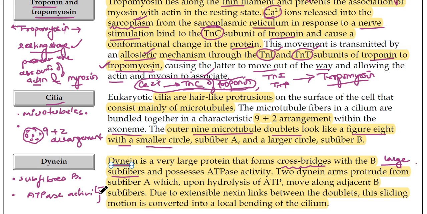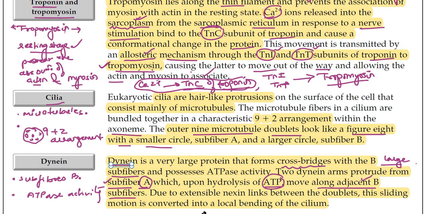Two dynein arms protrude from subfiber A, which upon hydrolysis of ATP move along the adjacent B subfibers. I'll show you the picture in the next video, where the two dynein arms from subfiber A hydrolyze the ATP. After ATP hydrolysis, these arms move along the adjacent B subfibers.